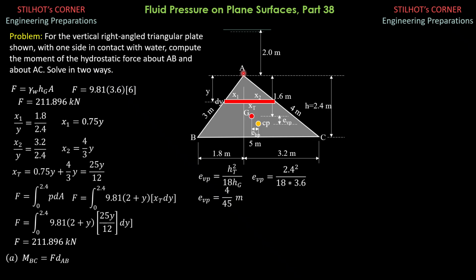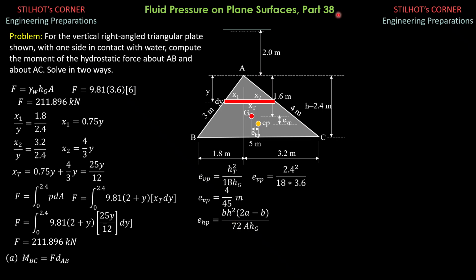So E sub HP is BH squared times (2A minus B) over 72 times area HG. The derivation of this formula is in the concepts on fluid pressure on plane surfaces.